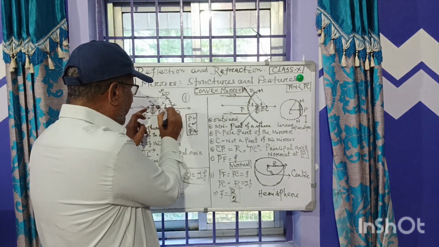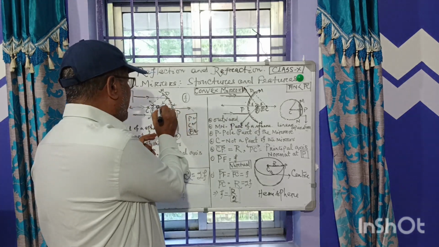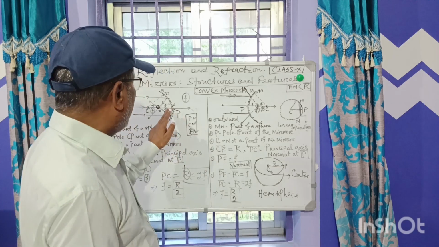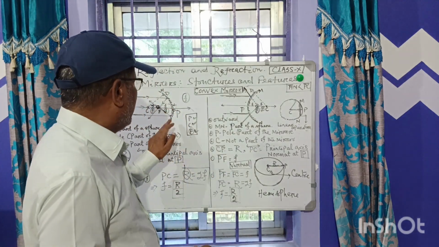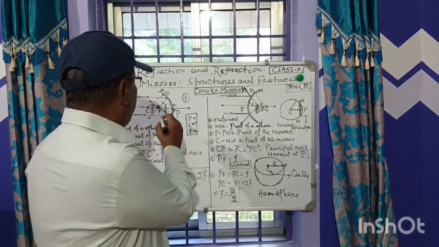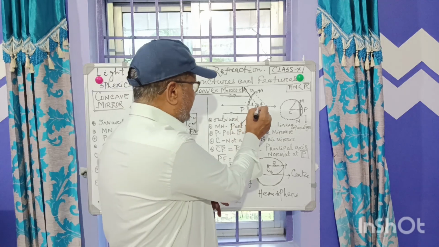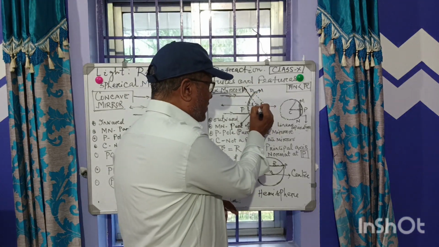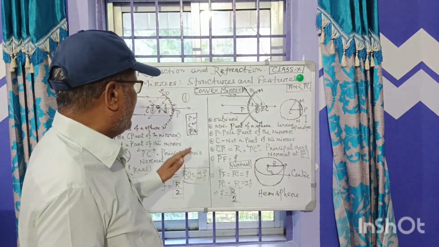F is the midpoint of PC, and the distance PF, from pole to focus, is called focal length, denoted by the symbol small f. In the concave mirror the focus is real, but in the case of convex, the focus is virtual, as we discussed.